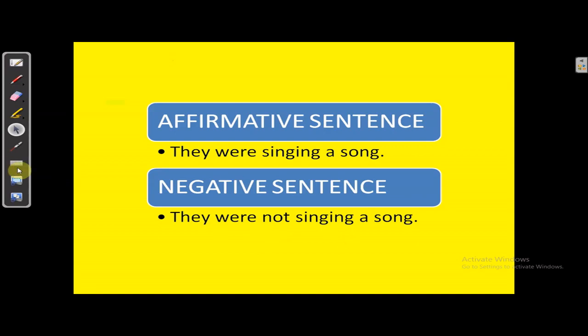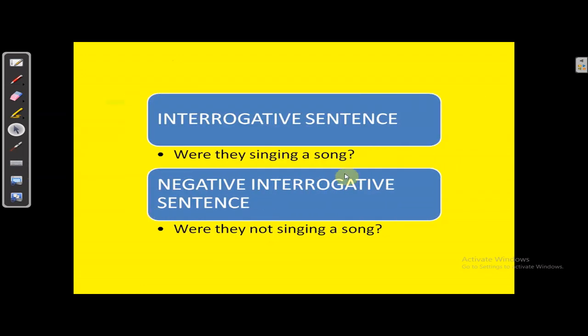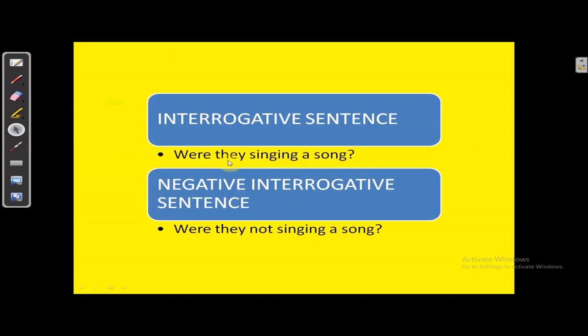Then talking about the other two sentences, interrogative sentence and negative interrogative sentence, we just do one thing. We alter the place of the helping verb and the subject. Here the subject came at the second place and were came at the first place.